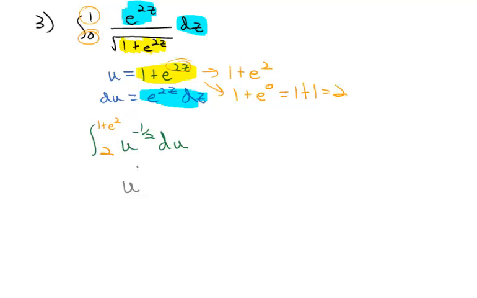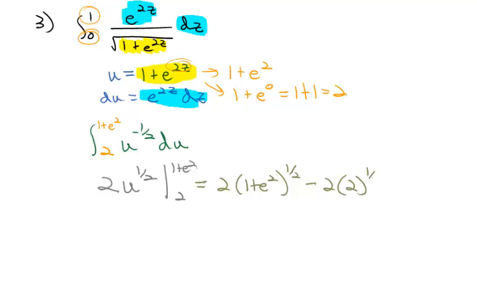Well, the integral of u to the negative 1/2 is u to the positive 1/2 multiplied by the reciprocal, which is 2. And we're going to integrate it from 2 to the 1 plus e squared. So we have 2 times 1 plus e squared to the 1/2 minus 2 times 2 to the 1/2.